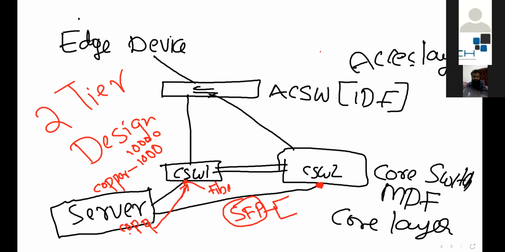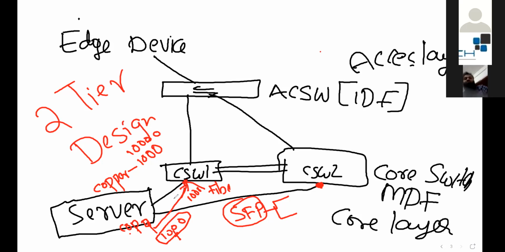If my server port is 1000 Mbps, but my server farm switch is 100, 1000 or 10,000 Mbps, I can adjust back to 1000 Mbps. But if my server is 10,000 and my switch is 1000, I cannot get 10,000.